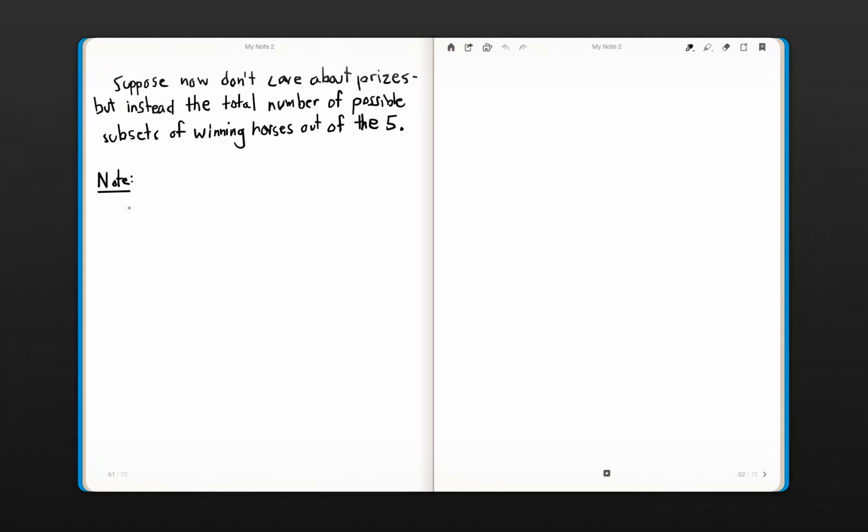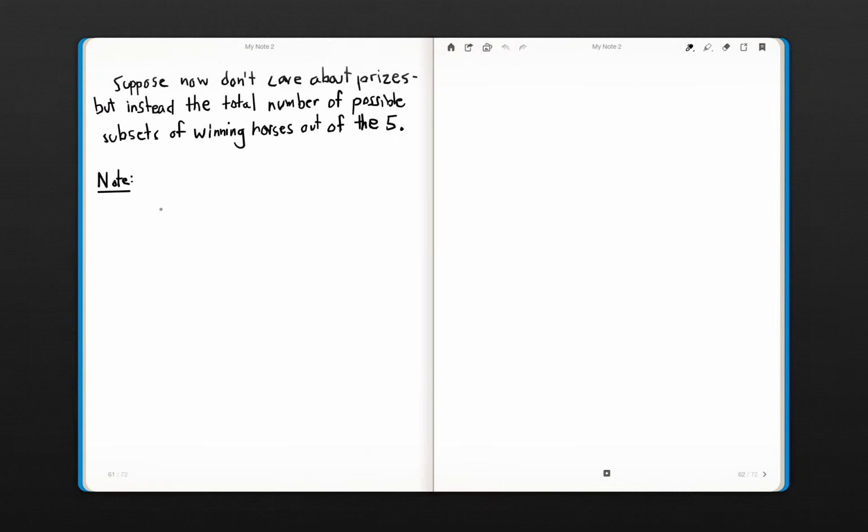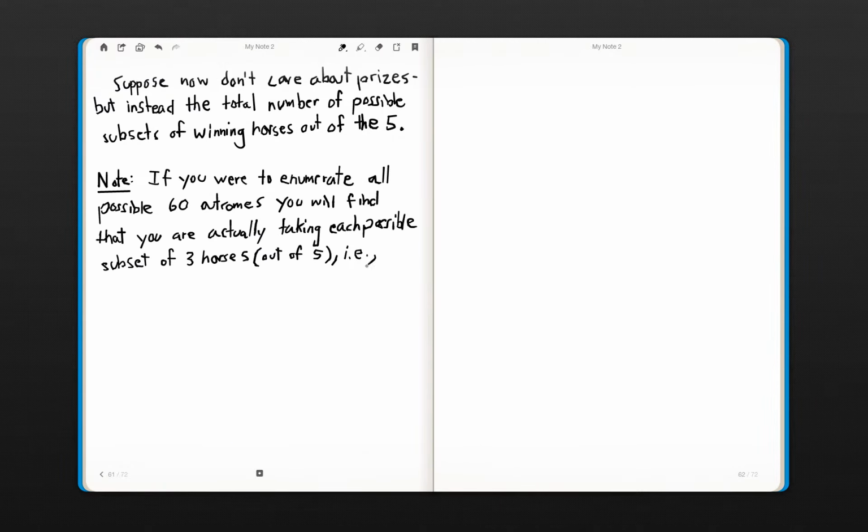Going back here, we realize, okay, there's a total of 60 possible races or outcomes. So if you were to actually enumerate all possible 60 outcomes, what you'll find is that you're actually taking each possible subset of the 3 horses out of the 5. Okay, and for example, Lucy, Rooster, and Katya.